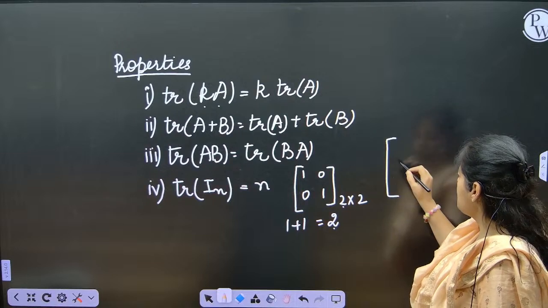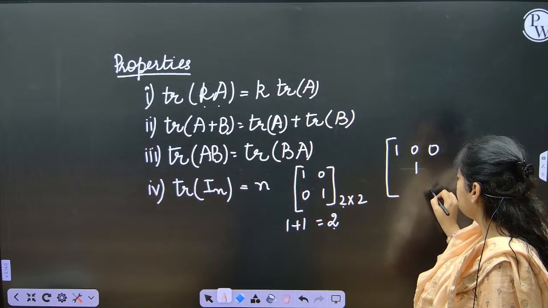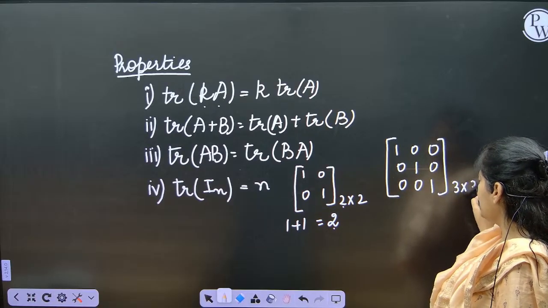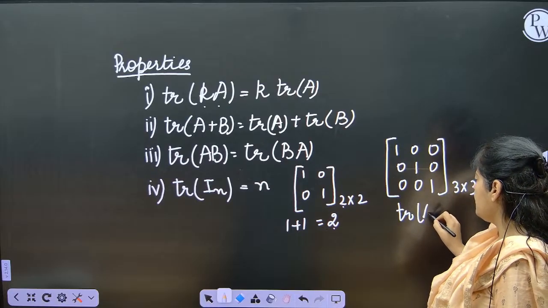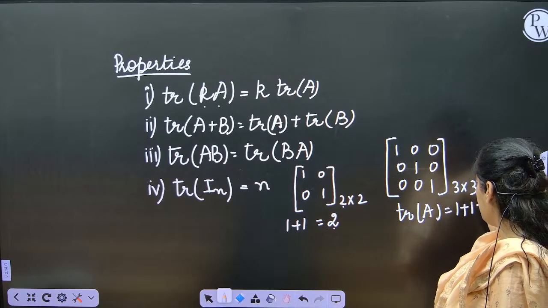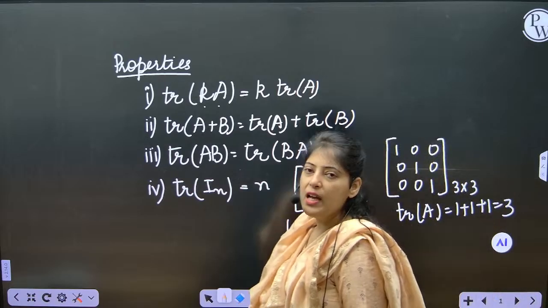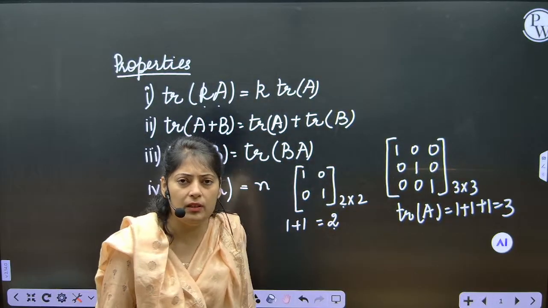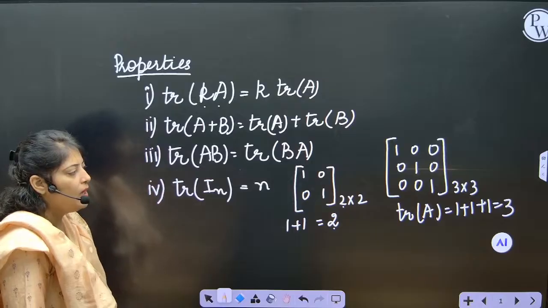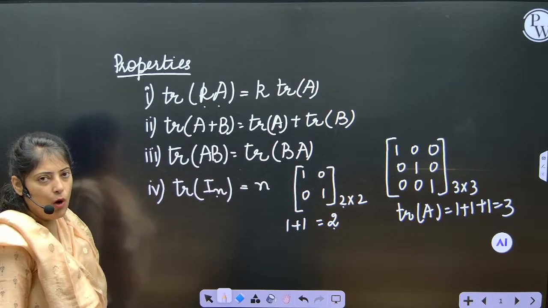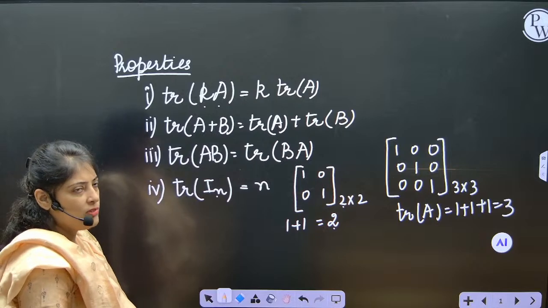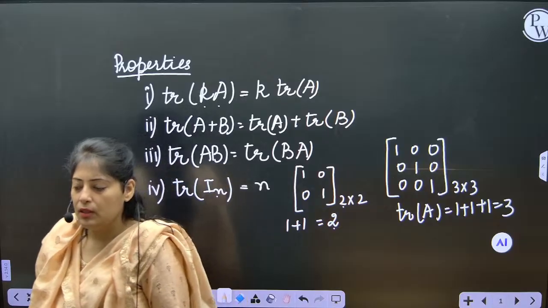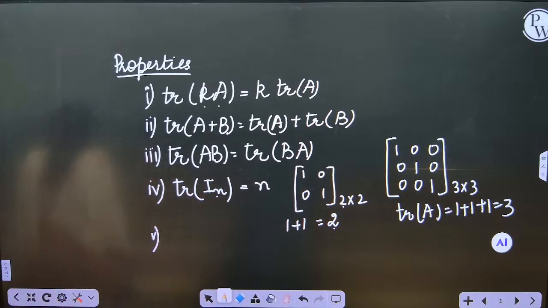If I talk about a 3 cross 3 matrix, order is also 3 and trace is also 3. 1 plus 1 plus 1 is nothing but 3. Diagonal elements are nothing but 1, 1, 1. So whenever there is an nth order identity matrix, trace will be n only, because all the diagonal elements will be 1, and if you add 1 n times, it will come out to be n.